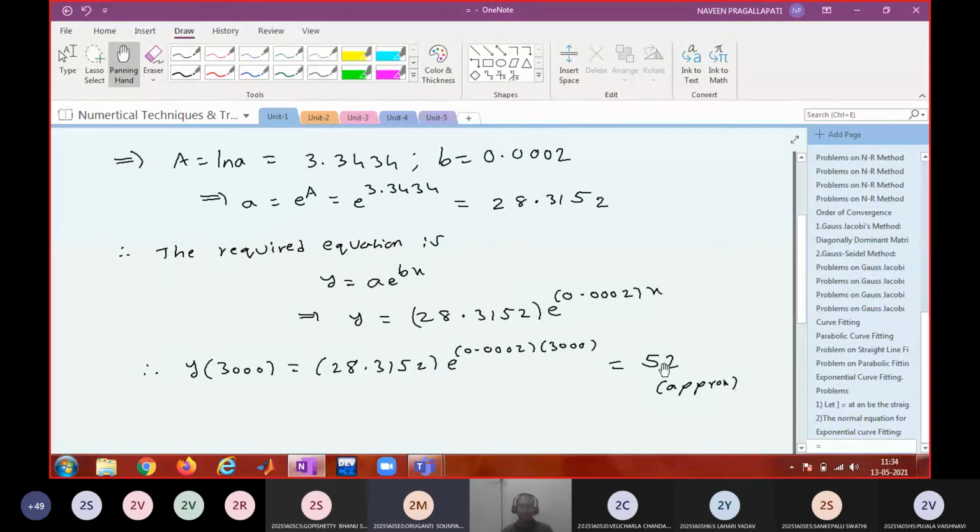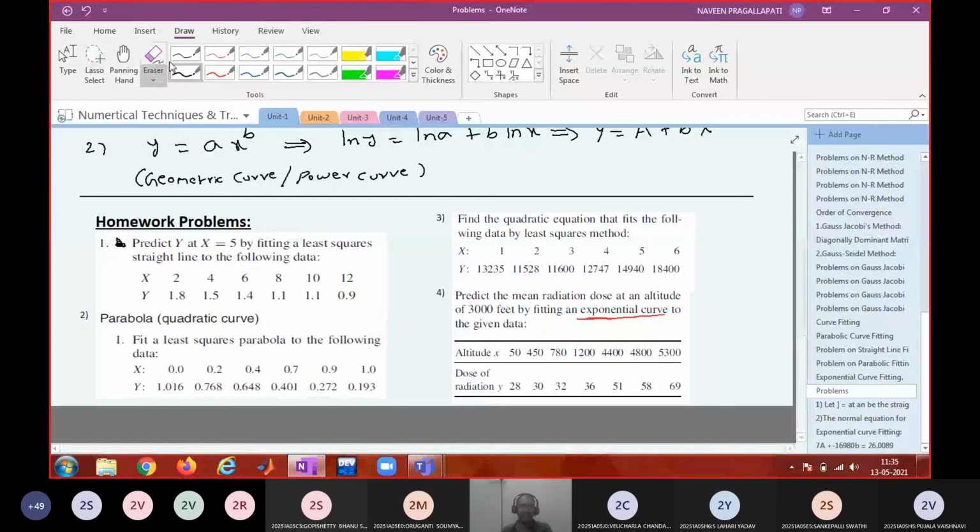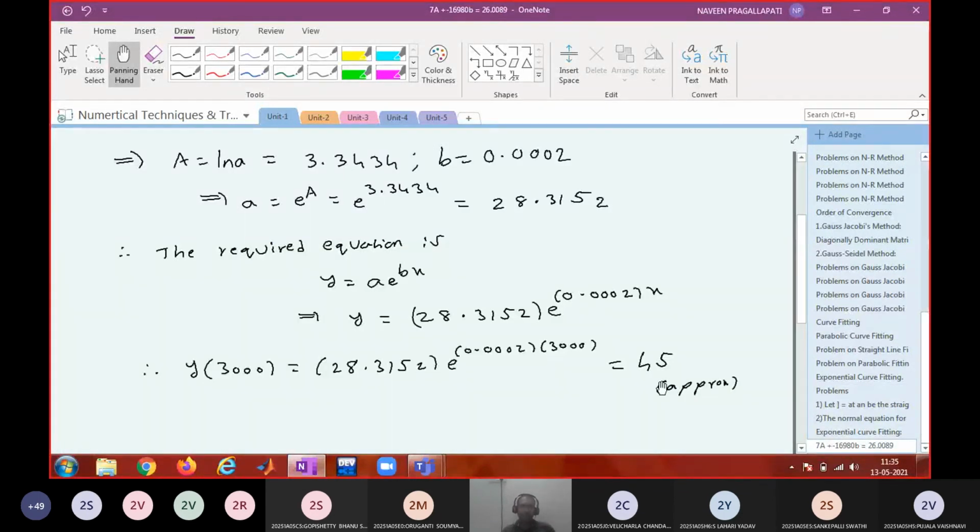I'm getting 45. So I think that is somewhat meaningful from the data, because we were expecting a value between 36 and 51 since 3000 is in between 1200 and 4400. Others also got the same value, around 45.